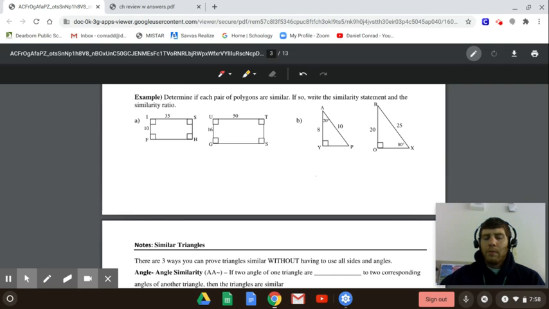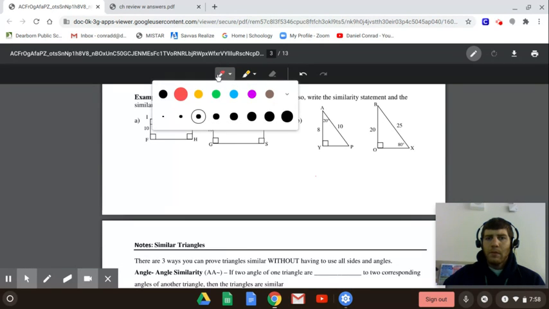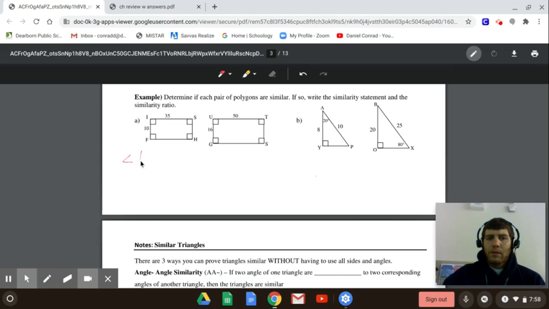We know their angles are going to be congruent, so the corresponding angles are going to be congruent. The angles that correspond to the angle in the other figure. So we have angle I here. Angle I is going to correspond with U, so we know that those angles are congruent.